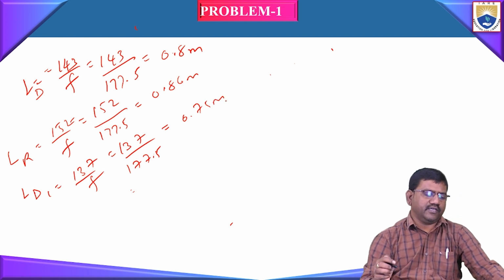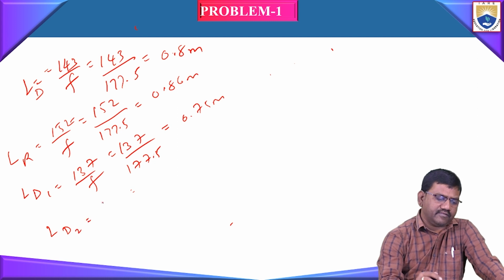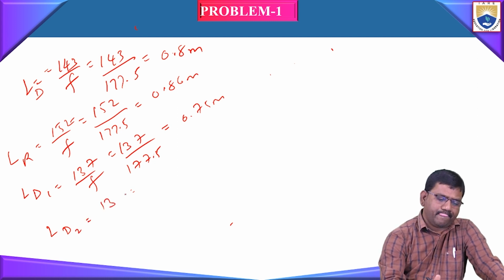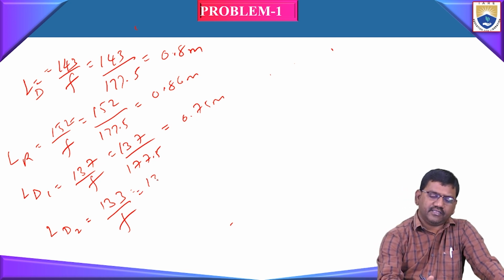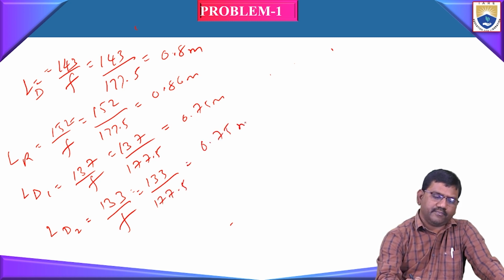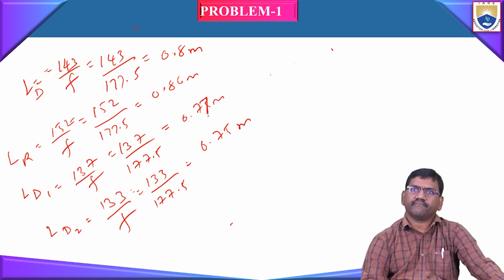Similarly, the length of the director 2, the formula is given as 133 by f. So 133 by 177.5 is equal to 0.75, so this is 0.77 meters.